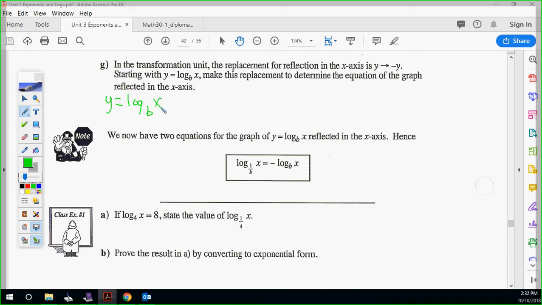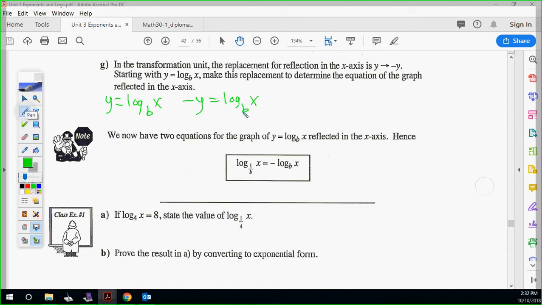And then we're going to go ahead and say, in order to reflect, remember we said we flip the y to negative. Remember? Negative f of x or negative y. So let's go ahead and do that. That's what normally makes things reflect over the x-axis. And so by doing that, the b, not a good one, sorry.